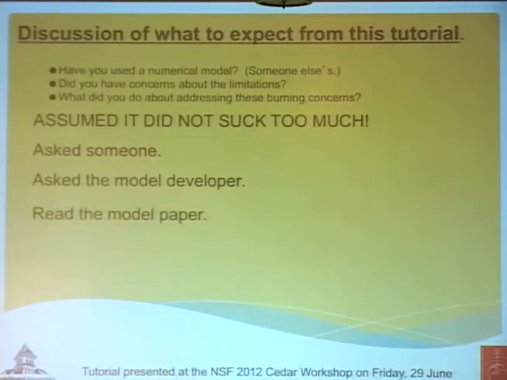Maybe a few of us, and I might not be included in that list, read the model paper. Now, for those of you who've done this, you know this is not getting you anywhere either. Because by the time you've got a mature model, that 10-page JGR paper cannot contain the information you're asking for. So what do you do?